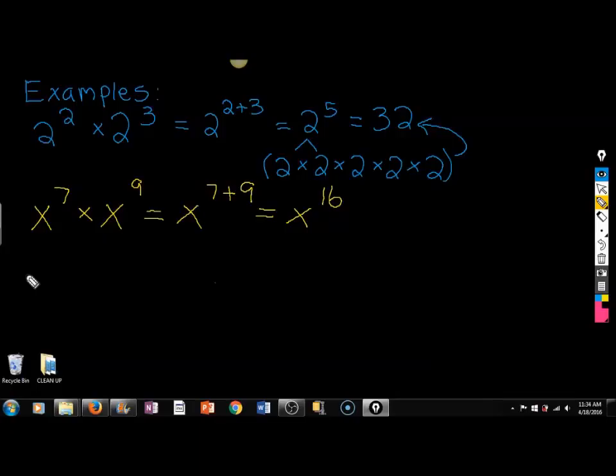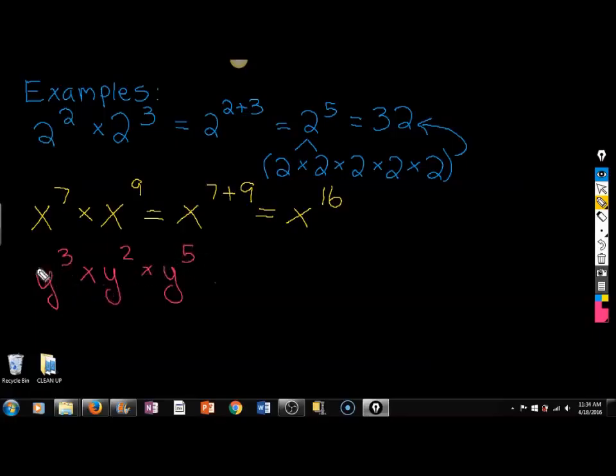So what if we have 3 exponents? Let's look at this example. So we'll use y as the common base. So y to the 3rd times y to the 2nd times y to the 5th.